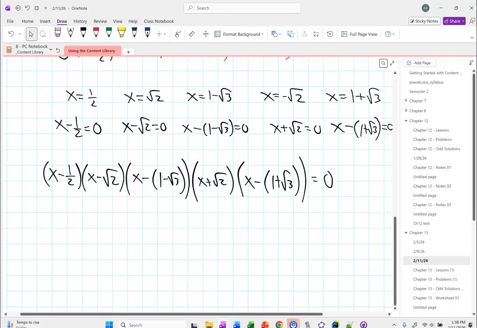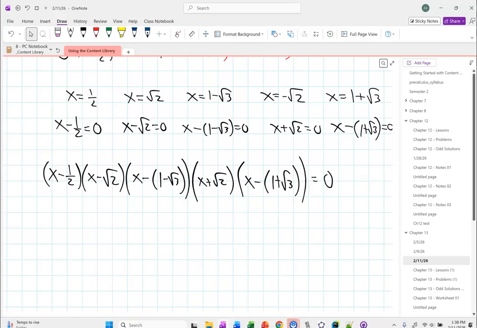There is one extra little thing though, because if I FOIL this out, what's this 1/2 going to make? I'm going to end up with potentially coefficients that aren't integers, because there might be a fraction. How am I going to fix that? It's an easy fix.